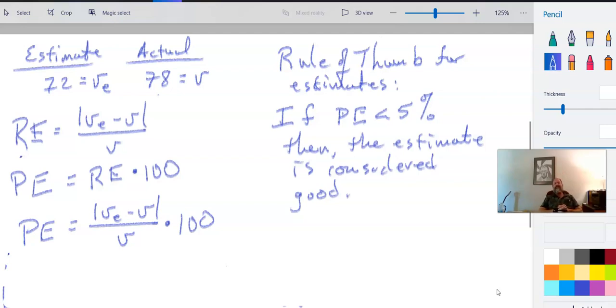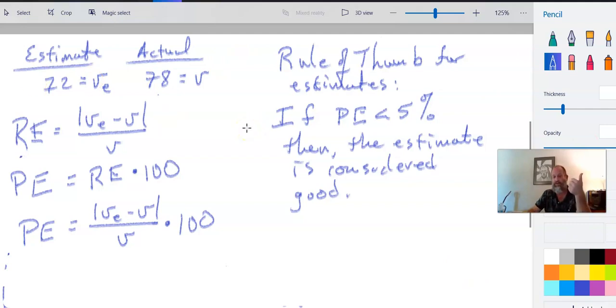There are certainly cases where the tolerance is very, very low, where it's not a good estimate unless it's within 1% or 0.5% or something like that. But for overall purposes, most of the time this is a typical good rule of thumb.